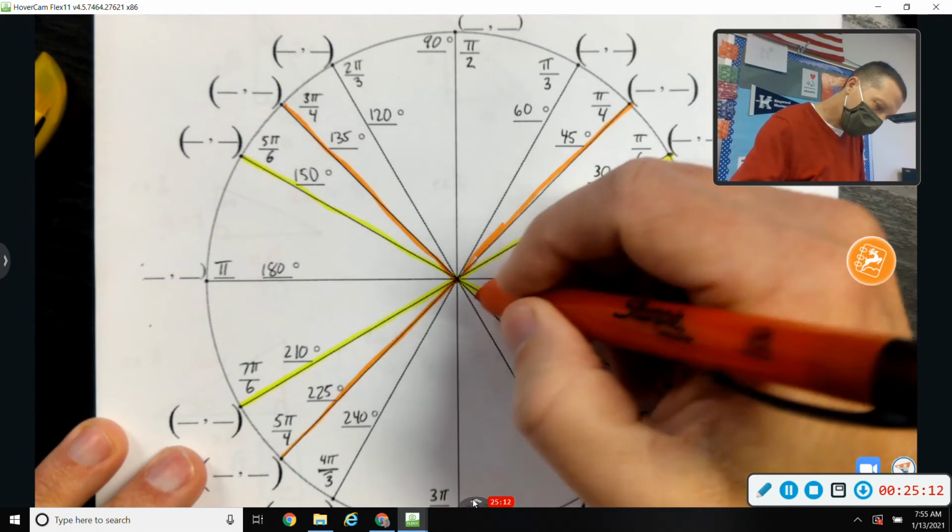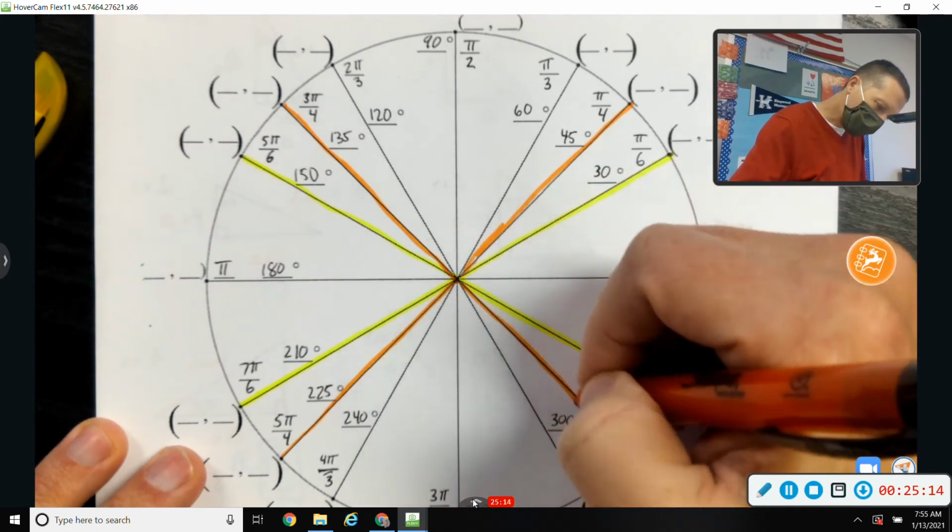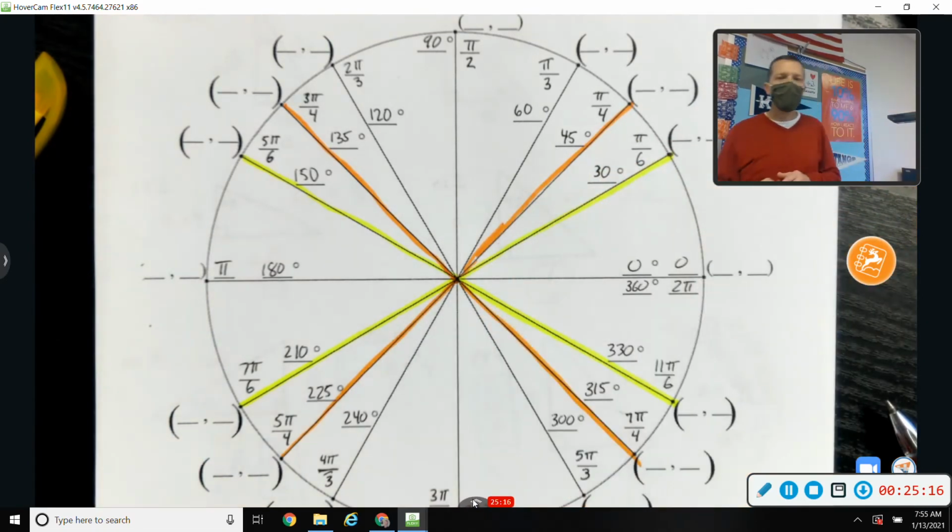So make sure you're doing the over 4s. Same thing, a lot of symmetry going on. They're all over 4. They all have a reference angle of 45, or pi over 4. They could all sort of reflect onto each other.